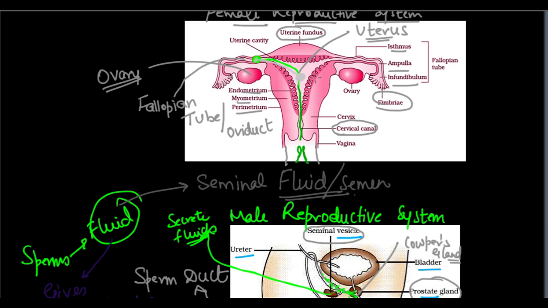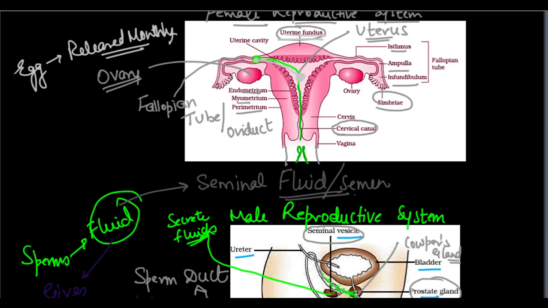An egg is released every month by the ovary into the fallopian tube, and if this egg gets fertilized, to receive the fertilized egg, the lining of the uterus, the uterine wall, becomes thick.